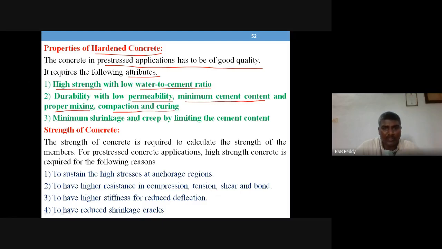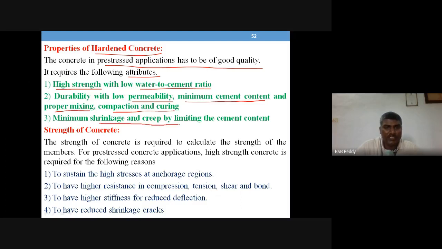the low permeability, minimum cement content. Proper mixing should be there, proper compaction should be there, and proper curing should be there, so that you can attain low permeability. If you want low permeability, you need to follow these things.